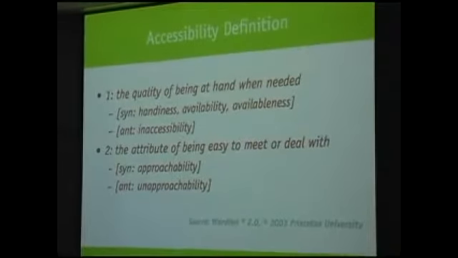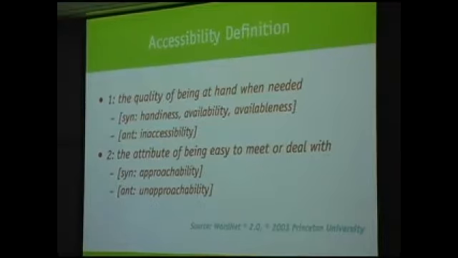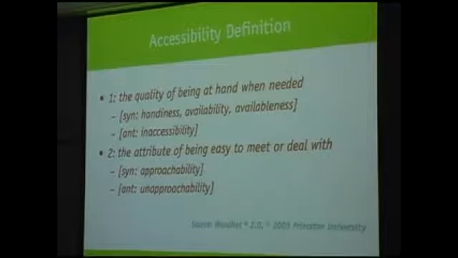So I try to apply that in all experiences, teaching and lecturing. Accessibility, for the ones who are not familiar with it, is the quality of being at hand when needed, the attribute of being easy to meet or deal with. If a professor is accessible to students, that is a good definition.